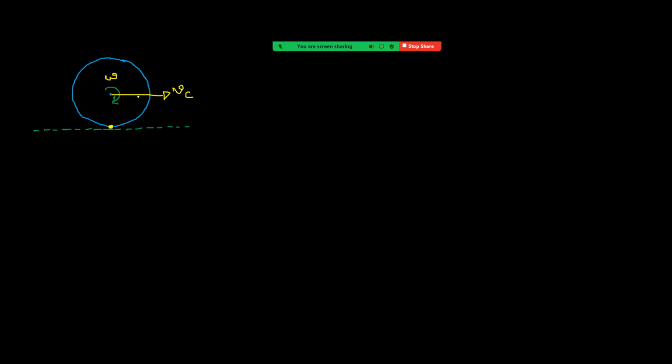For example, this is a disk which is now rolling without slipping. Let us take this as the x-axis. I am taking a point on the x-axis, and about that point we are calculating angular momentum.